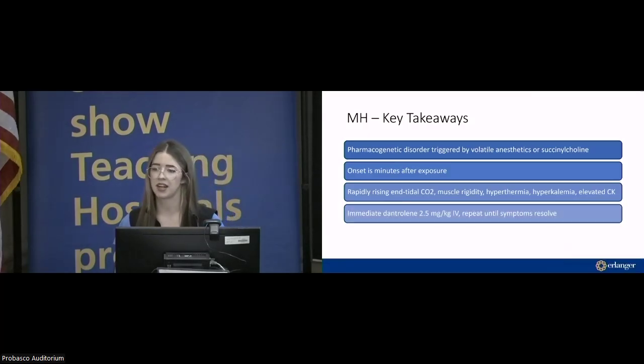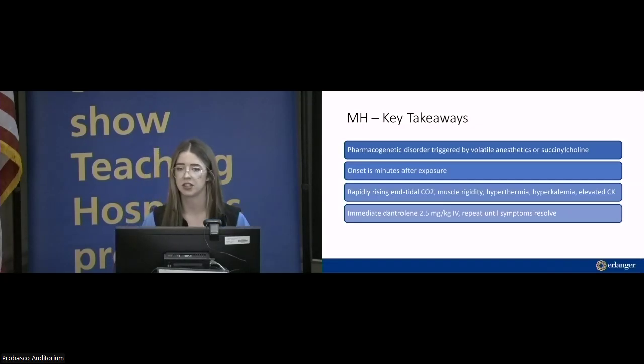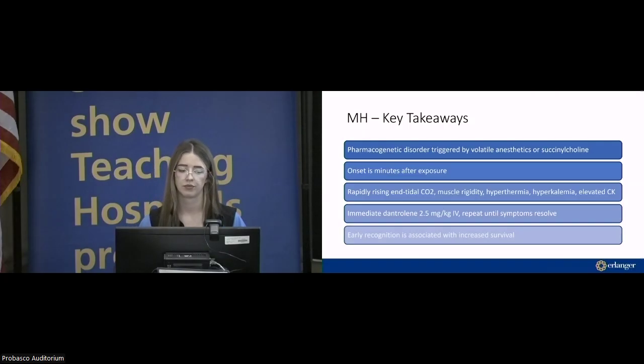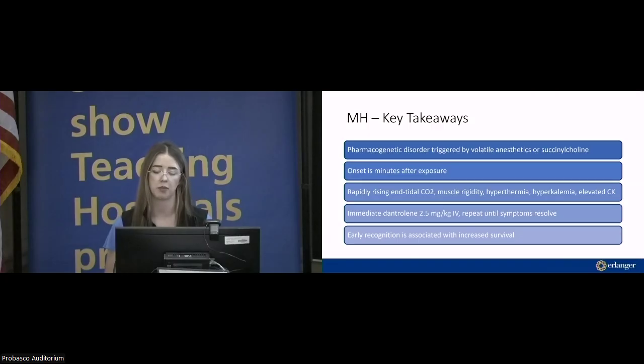Management centers on immediate administration of dantrolene, 2.5 mg per kg, repeated until symptoms improve, alongside supportive care and cooling. Early recognition and prompt therapy is strongly associated with improved survival and reduced long-term complications.